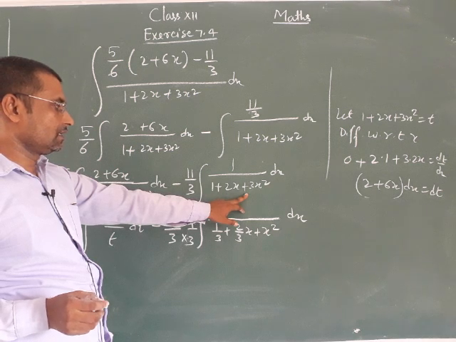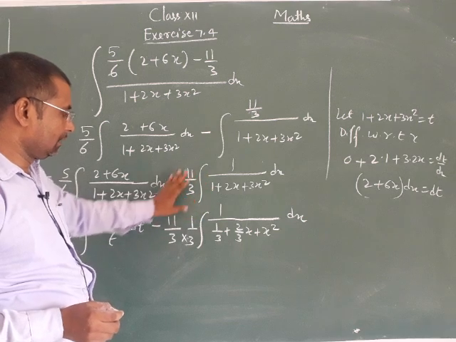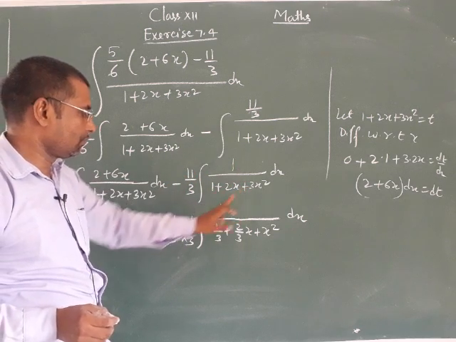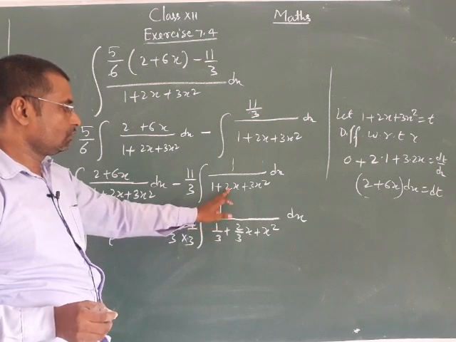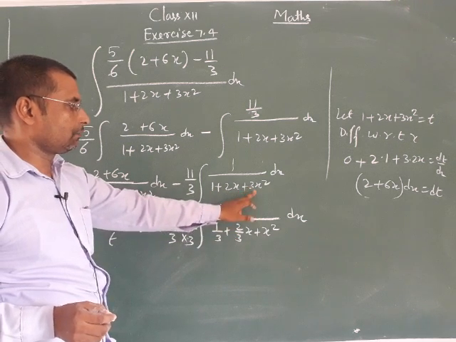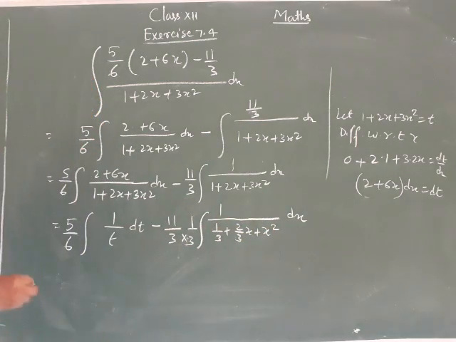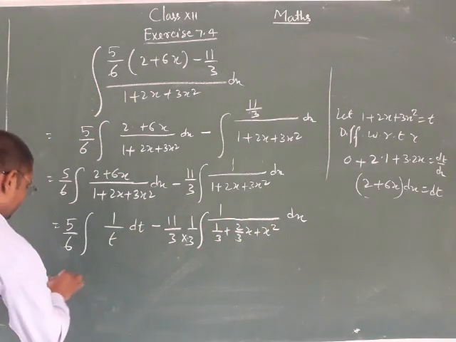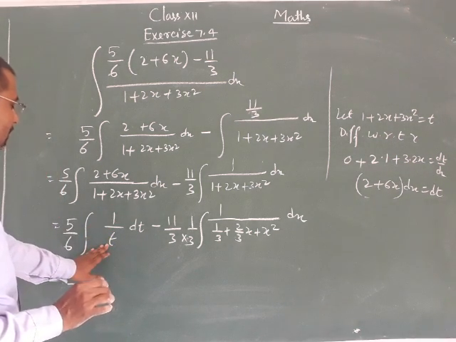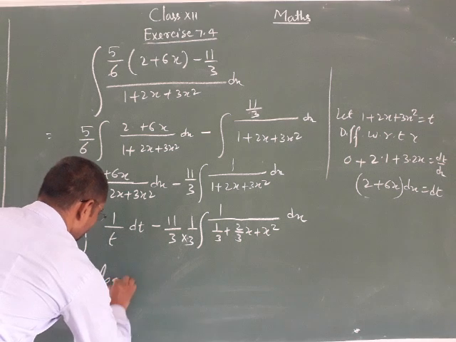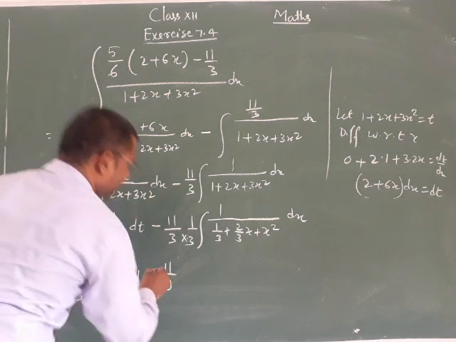So by completing square you can solve. So we get 3, coefficient of x square 3 common out, 11 upon 3 into 1 upon 3 common out. So 1 upon 3, 2 upon 3x, and x square. And also you can solve 5/6 integral of 1 upon t, log mod of t, minus 11 upon 9.